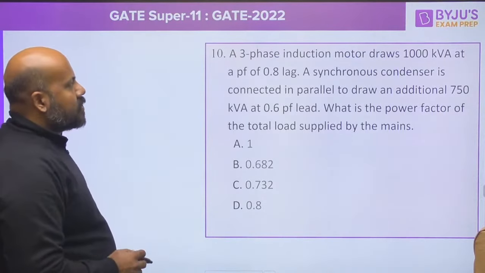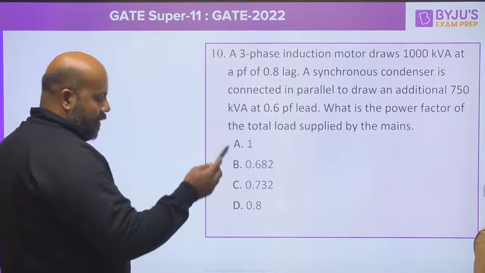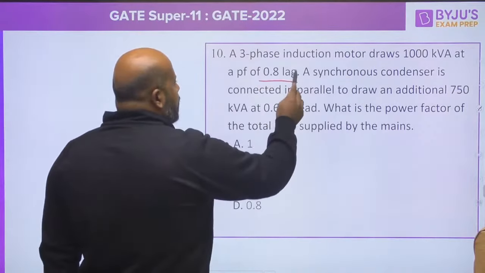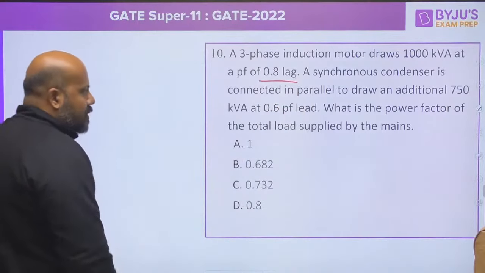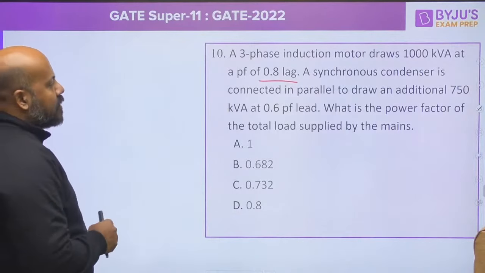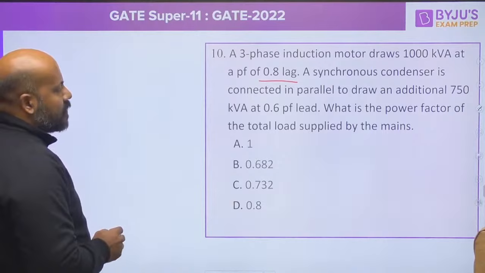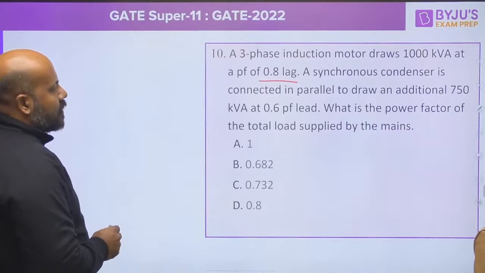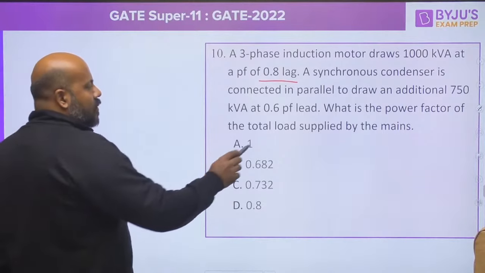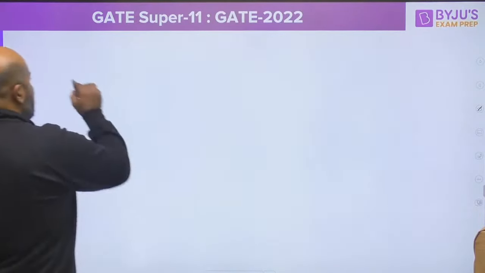There is a 3-phase induction motor which is drawing 1000 kVA at a power factor of 0.8 lag. A synchronous condenser is connected in parallel to draw an additional 750 kVA at 0.6 power factor lead. What is the power factor of the total load supplied by the mains? So the situation is something like this.